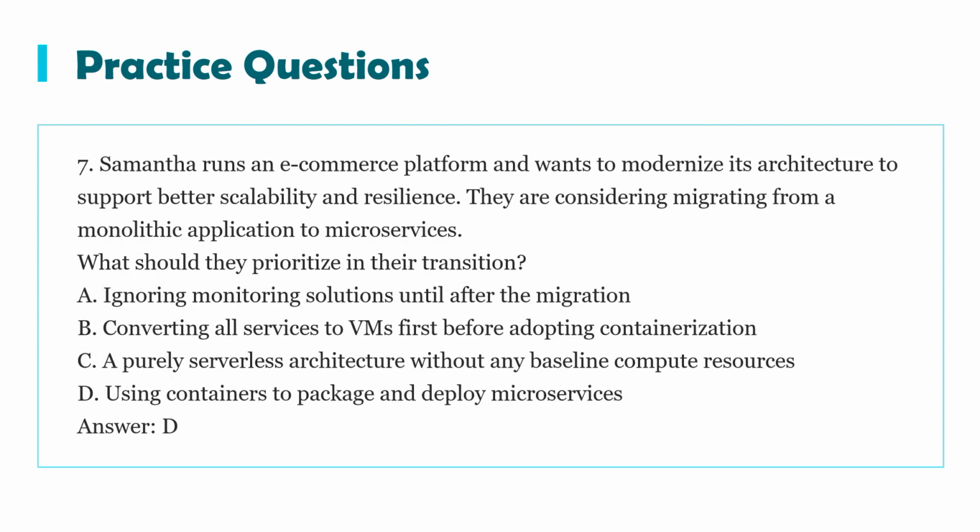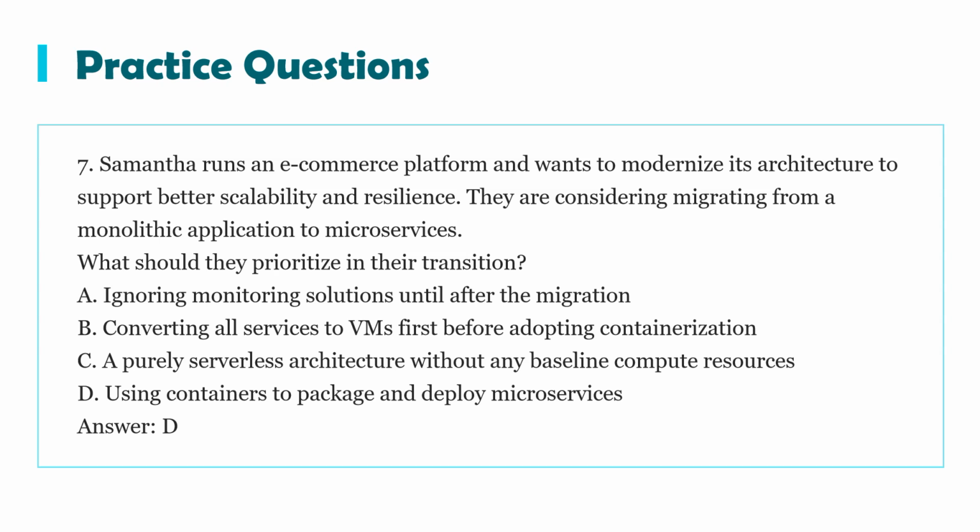7. Samantha runs an e-commerce platform and wants to modernize its architecture to support better scalability and resilience. They are considering migrating from a monolithic application to microservices. What should they prioritize in their transition? A. Ignoring monitoring solutions until after the migration.